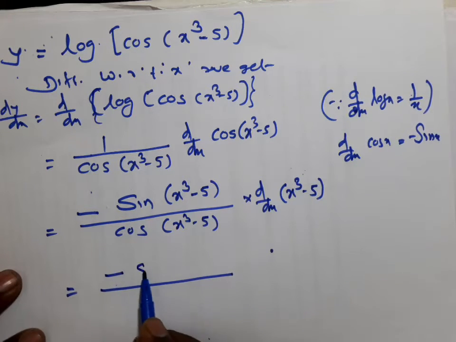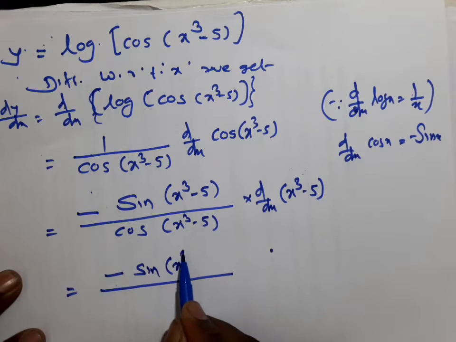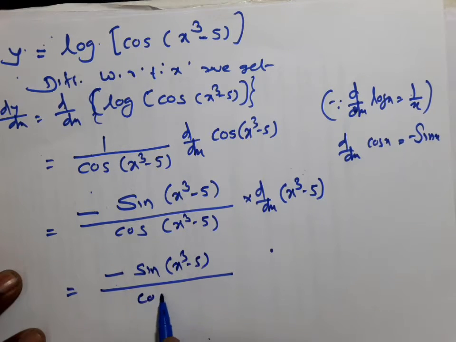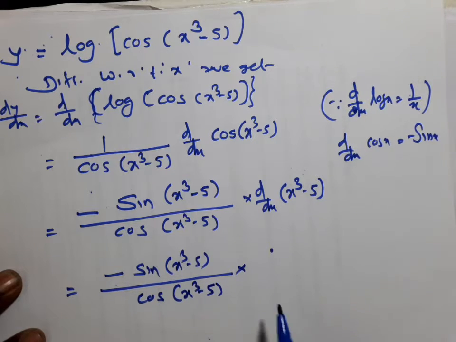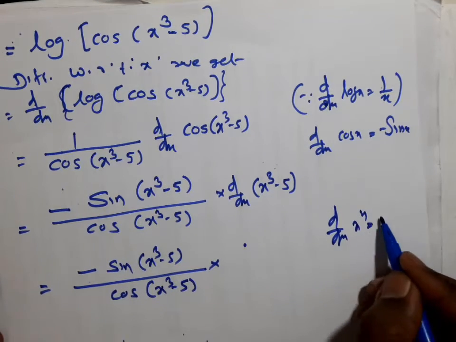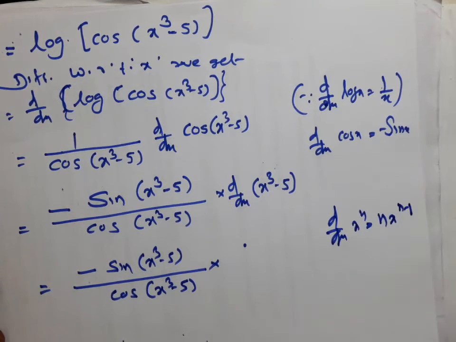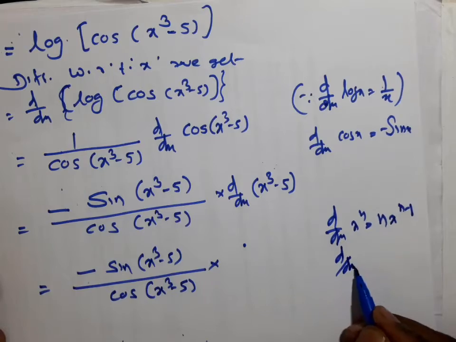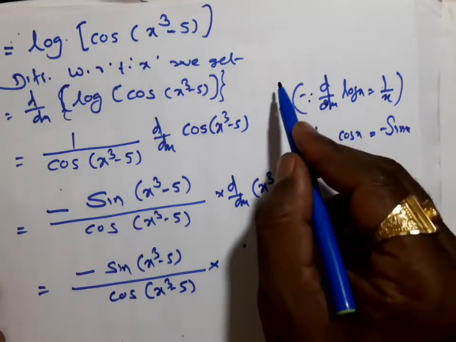This will be minus sin(x³ − 5) cos(x³ − 5) into... what is the derivative of x raised to n? It is n x raised to n minus 1, and the derivative of a constant is 0.